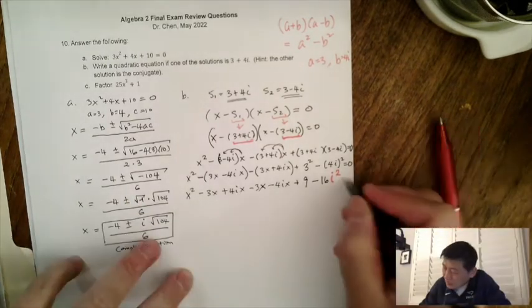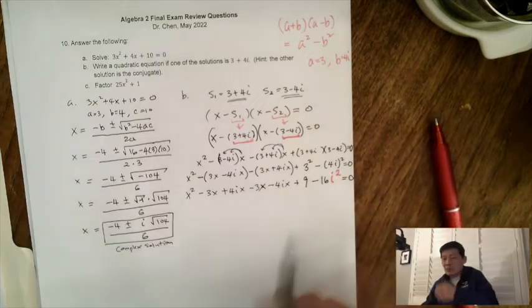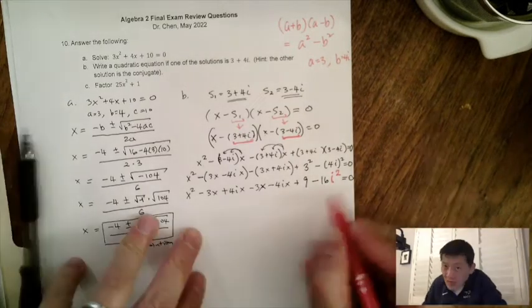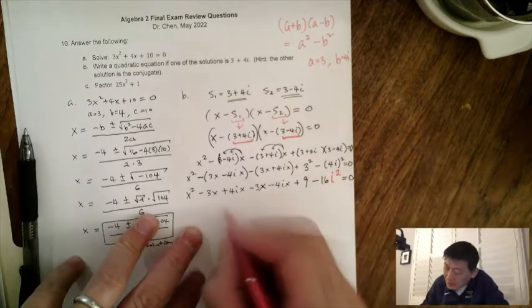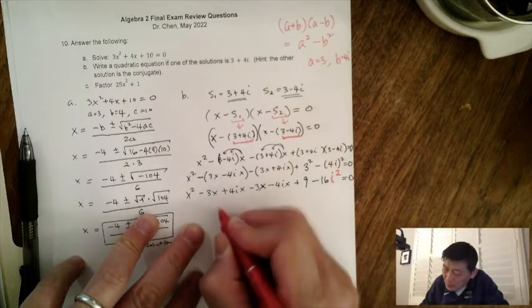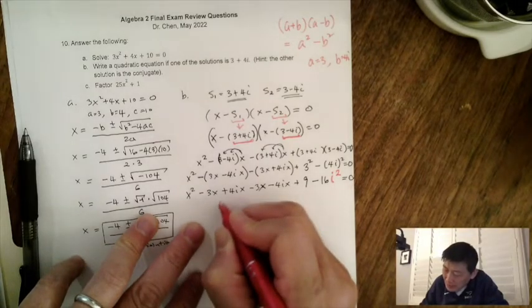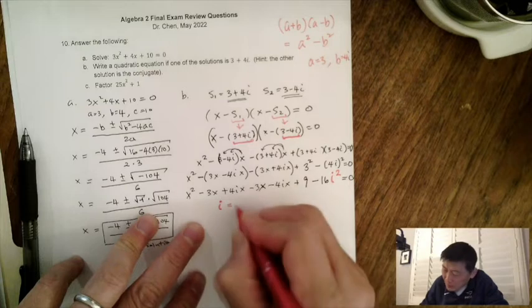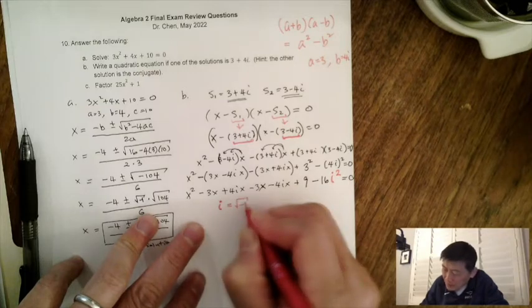is equal to 0. Now this is a very important point to make here. i squared, right? The way we define i, we define i as the square root of -1.